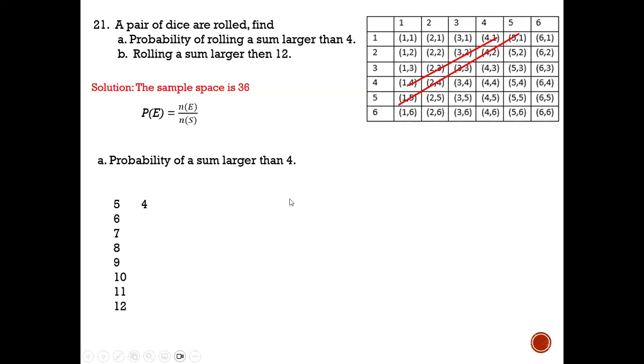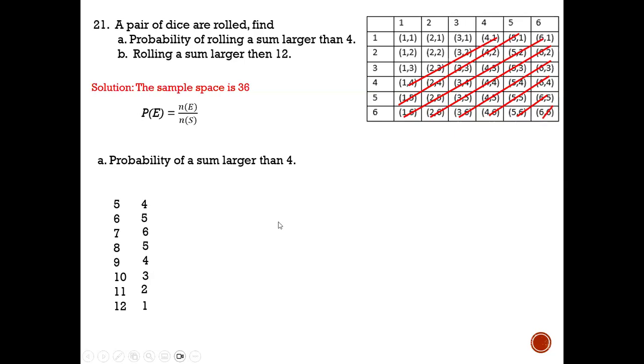That's 1, 2, 3, 4, that's 5 of them. For a sum of 7, it's all of these in this diagonal. There's 6 of those. All of these in this diagonal have a sum of 8. There's 5 of those. All of these in this diagonal have a sum of 9. There's 4. There's 3 with a sum of 10. These two have a sum of 11. And then this last one has a sum of 12.